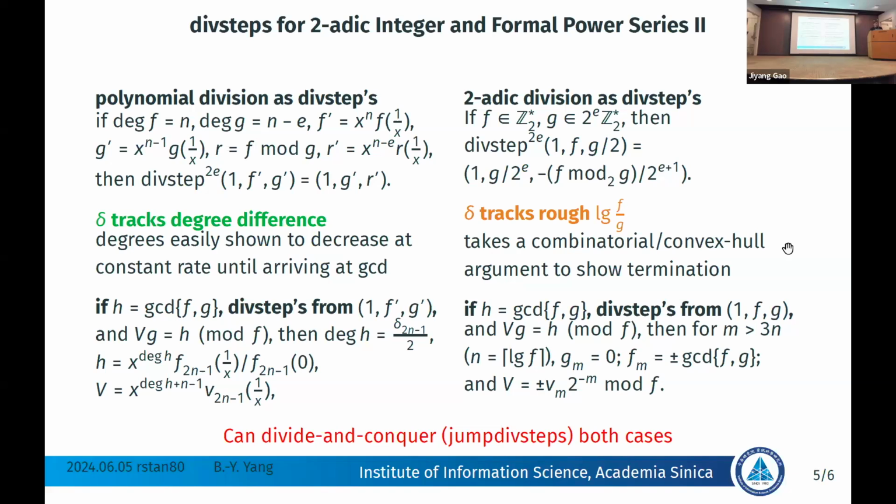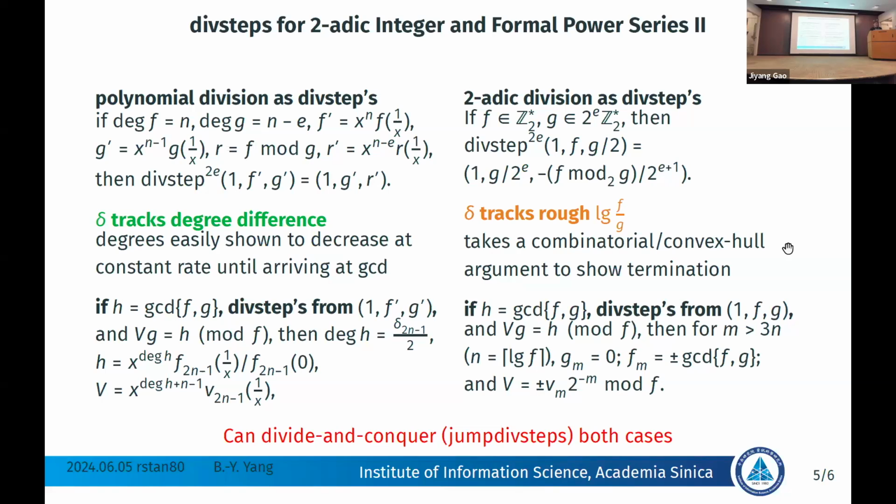I won't tell you the proof. It's too complicated. It uses some combinatorics and enumerative steps. And for 3n steps, this binary GCD will complete, where n is the bit length.